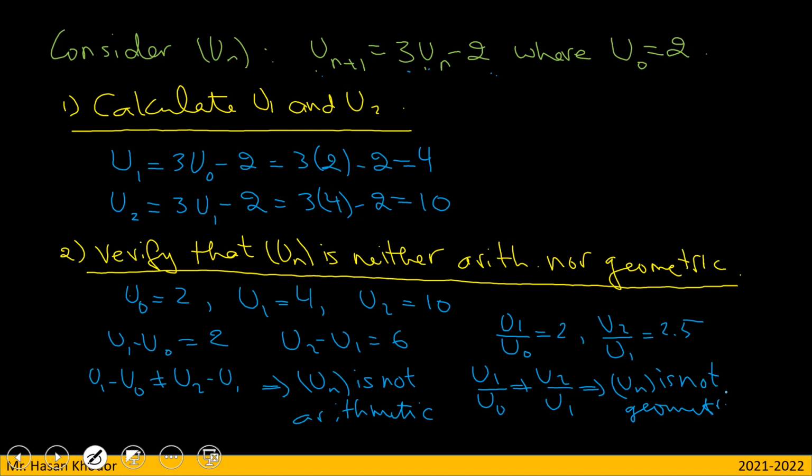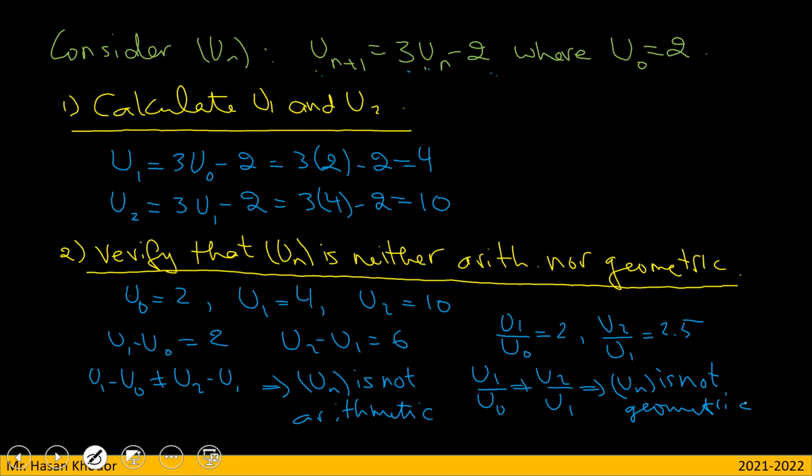So here we have a sequence that is neither arithmetic nor geometric. How do we get the far terms? If I want to get, for example, u20, I need to find all the terms preceding it. If I want to find u100, I also need all the terms preceding it.